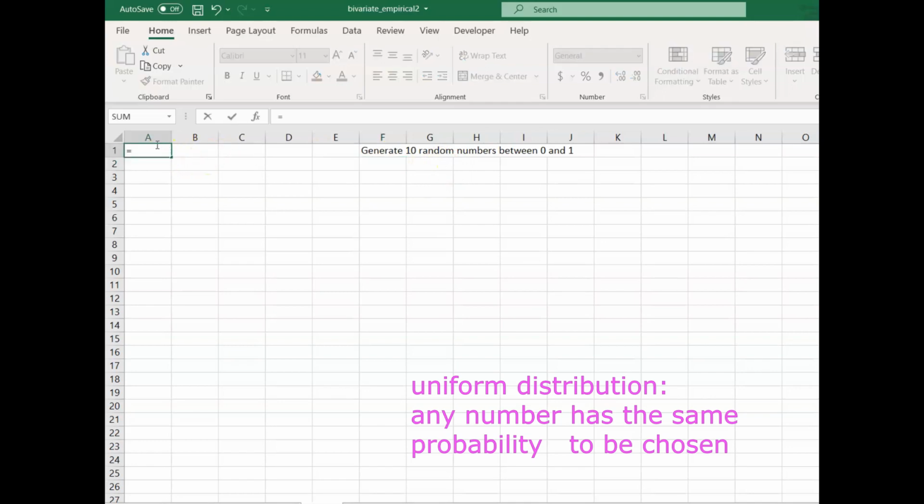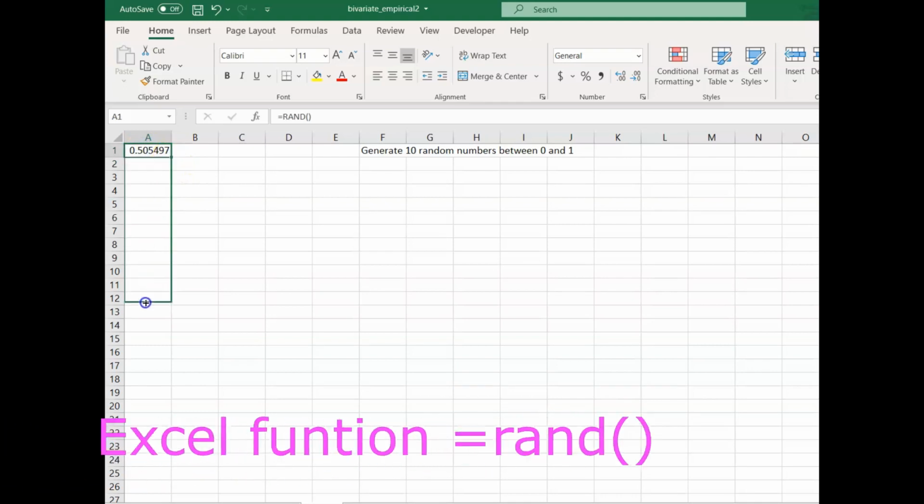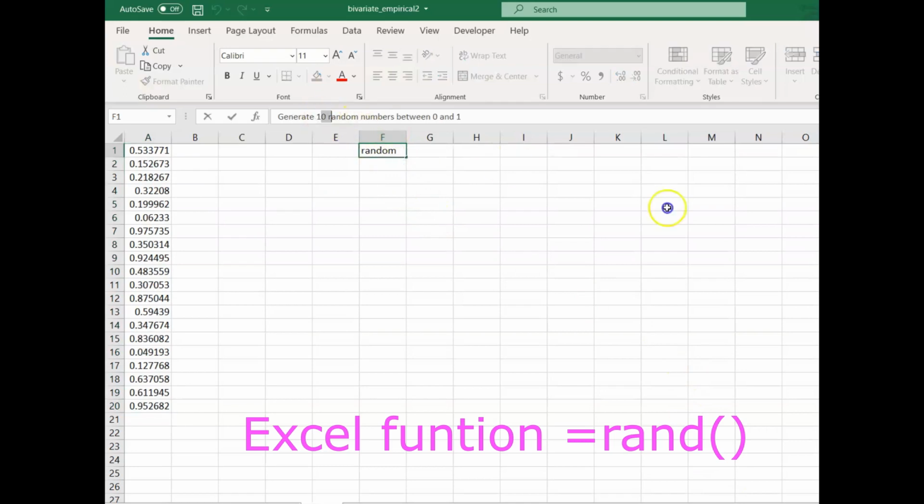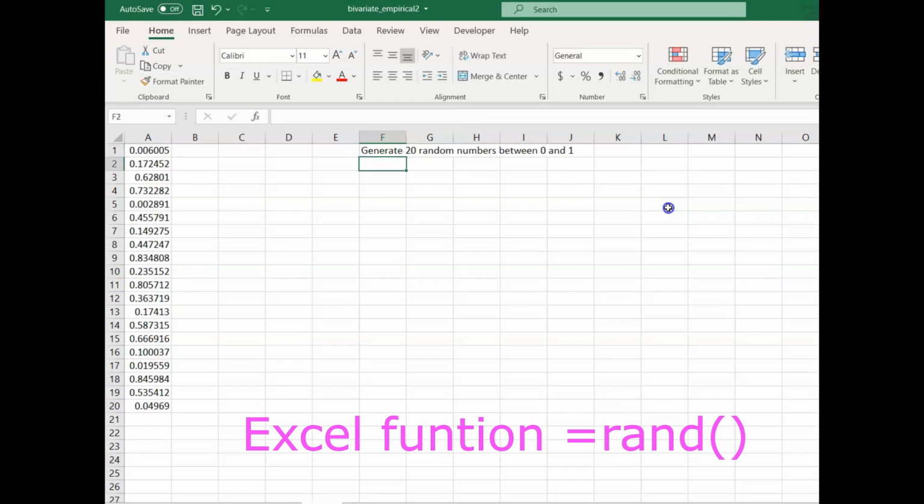Uniform distributed indicates any number. So I use equal RAND, left, right parentheses, so there's no input. So we are going to generate 20 random numbers between 0 and 1. So each value has the same probability to be chosen.